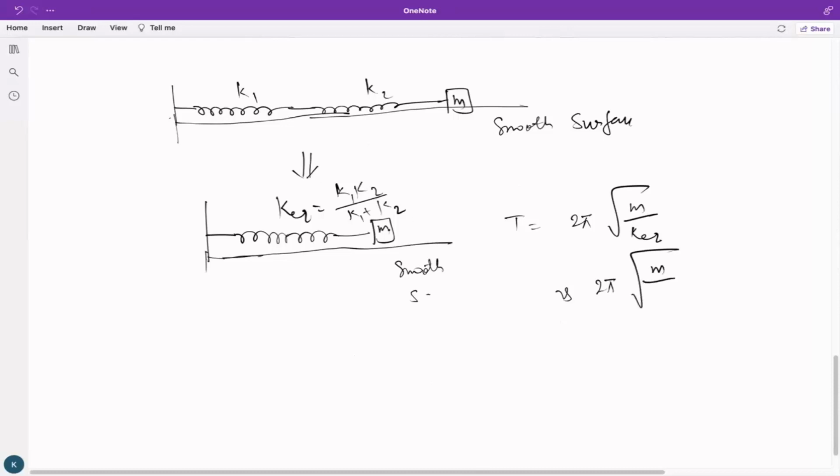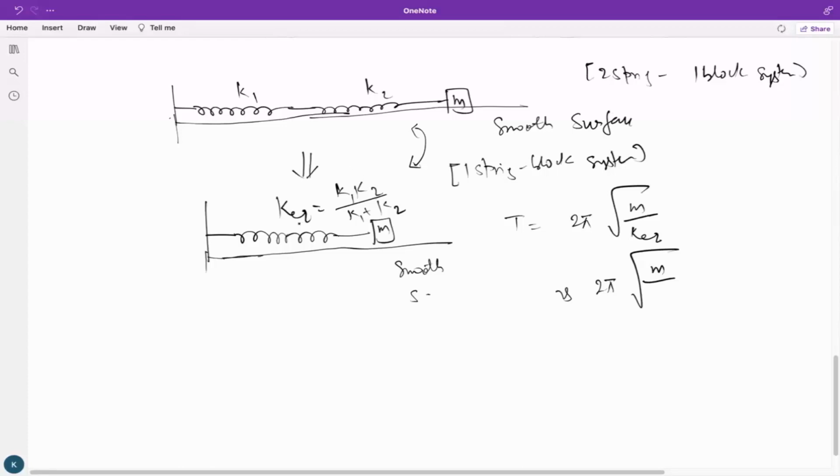Look here, the two springs we have converted into a single spring; this is actually a two spring one block system, and we converted the same system into a one spring block system, and we all know that for one spring block system the time period is nothing but 2 pi root under m by k.